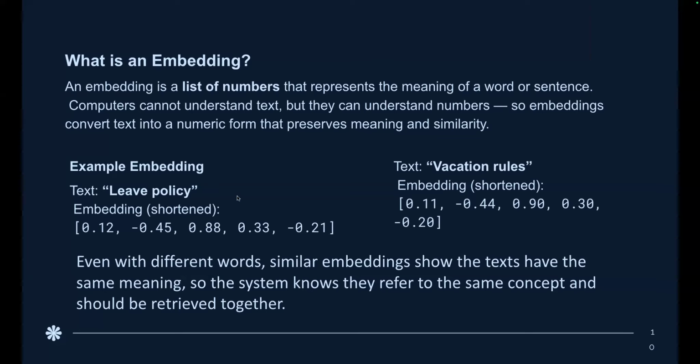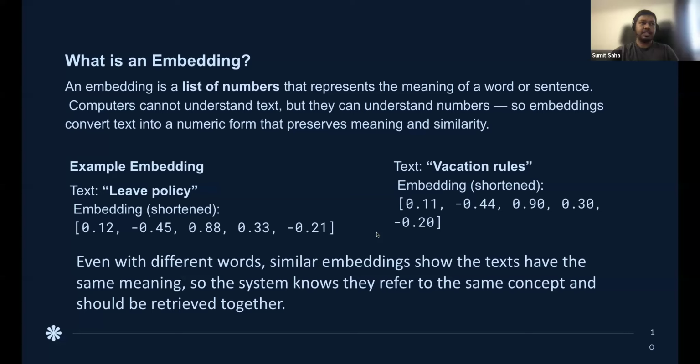Thank you. So you can see the leave policy and the vacation rules. Both texts are embedded, and we have the arrays. They are similar words, and you will see the numeric values of these two arrays are quite similar; they don't differ much.